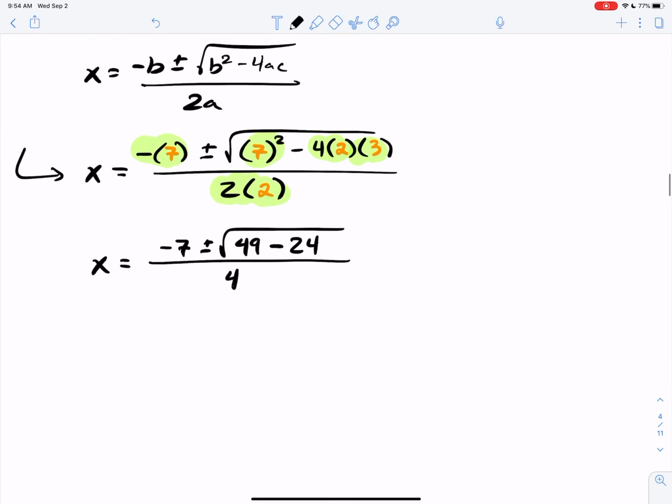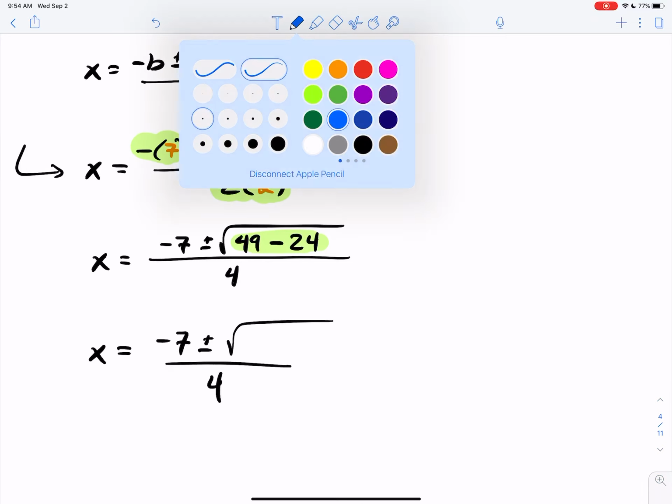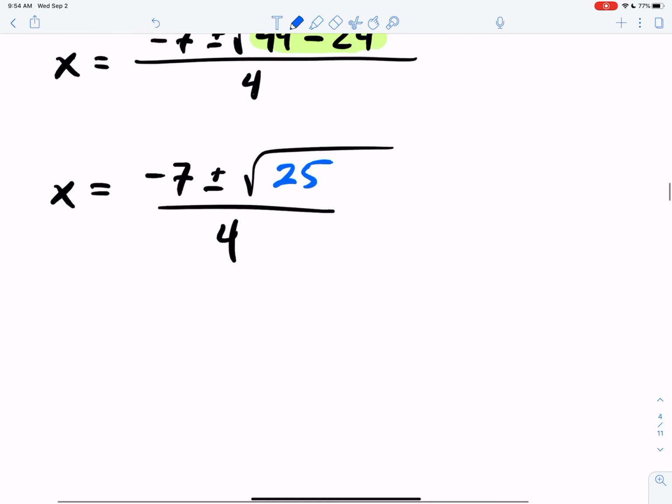And I keep going. Now I work on everything inside of that radical. So notice how I took care of all the easy parts first. Okay, now I take care of this. Well, what's 49 minus 24? 49 minus 24 is just 25. Okay, so now we ask ourselves, okay, can I square root that?